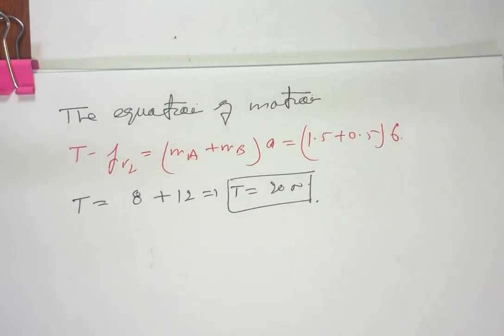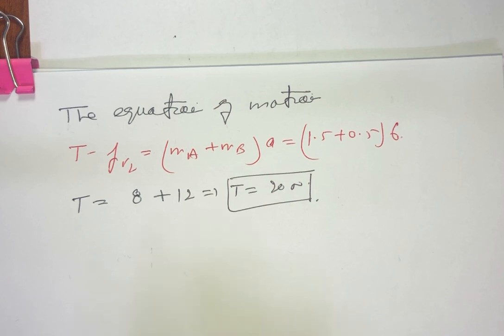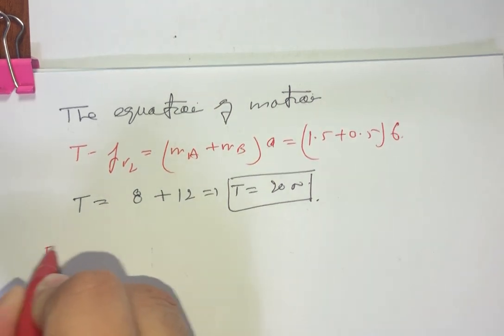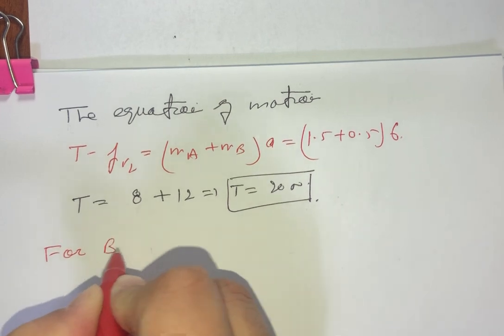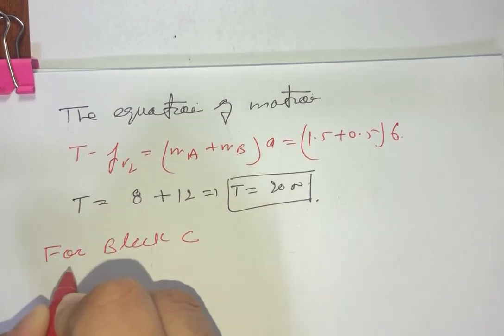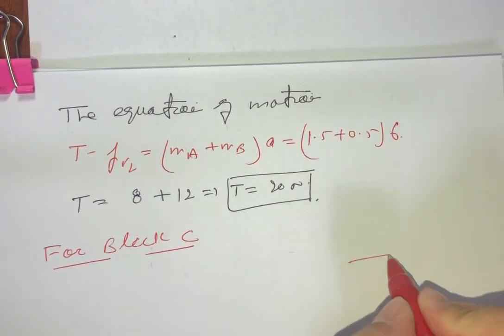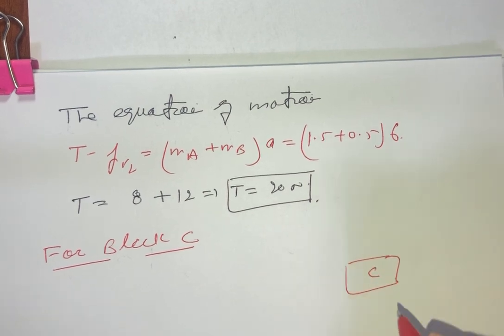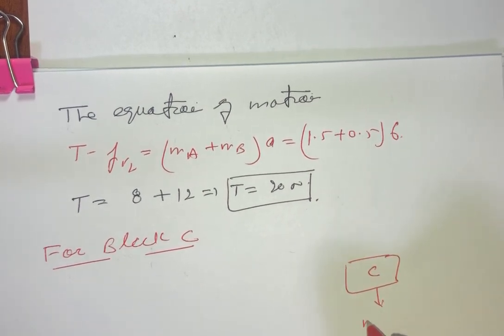Now let's do the block diagram for block C. So this is block C. In the downward direction we are going to have mCg.